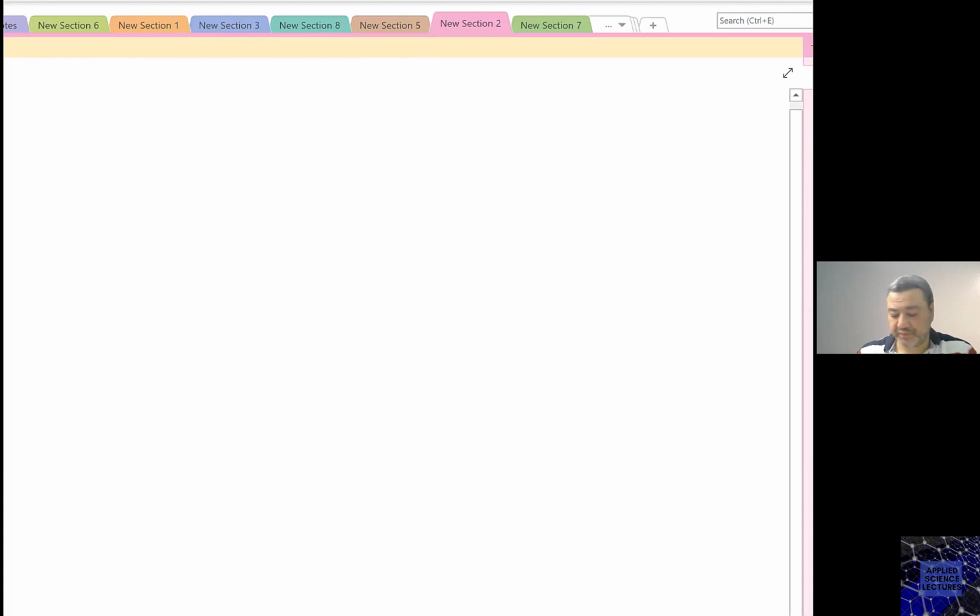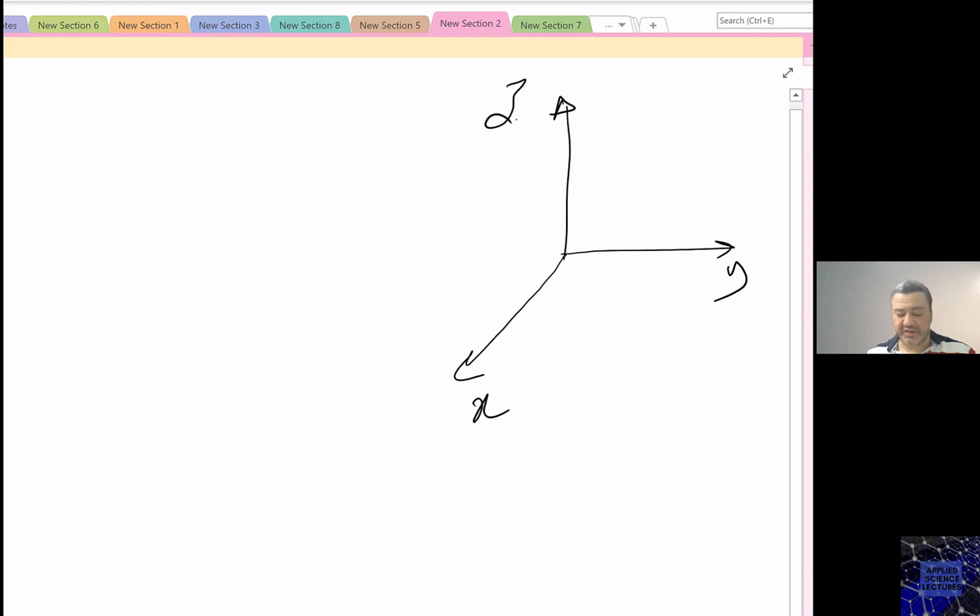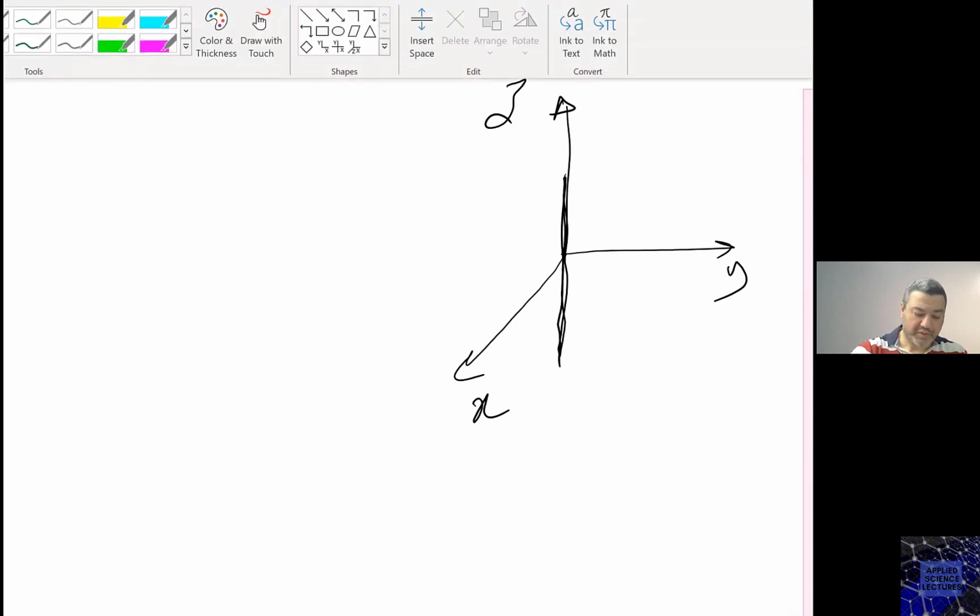So here, if this is my coordinate system, this is y, this is x, and this is z. Okay, so here we have a wire of 25 centimeters along the z. So this is the 3D. Maybe you can have this one in a different color.